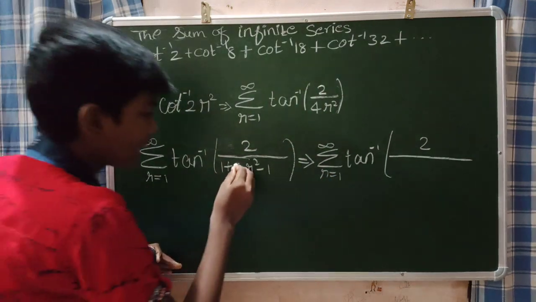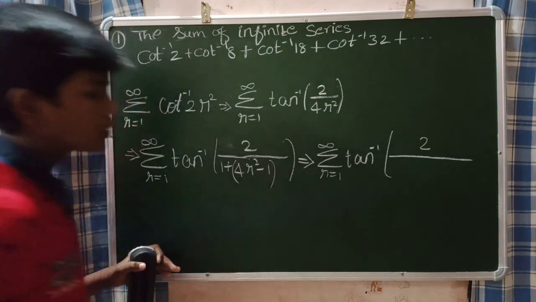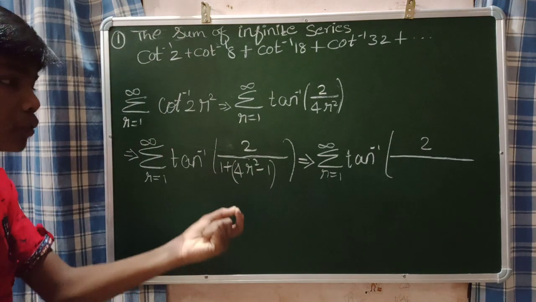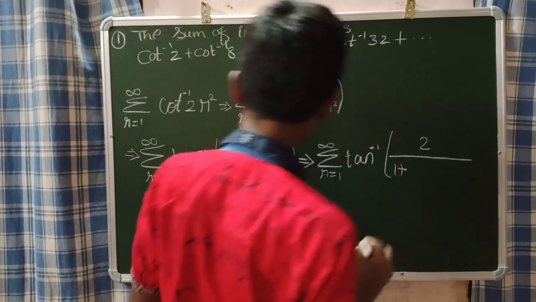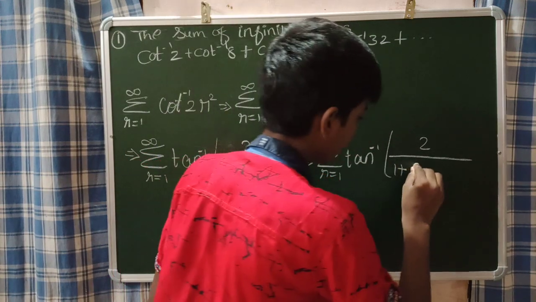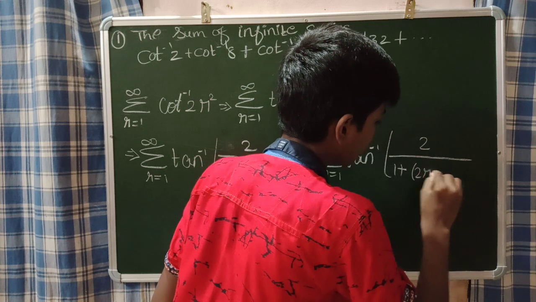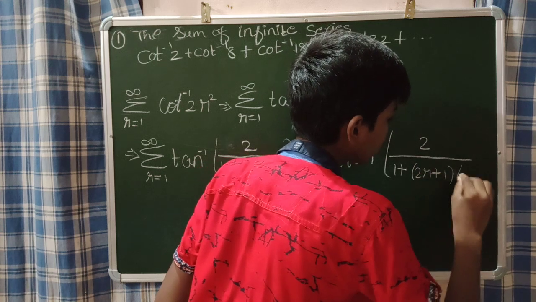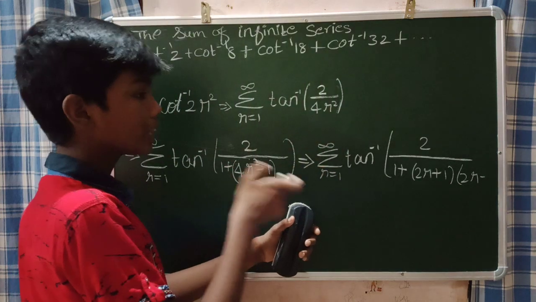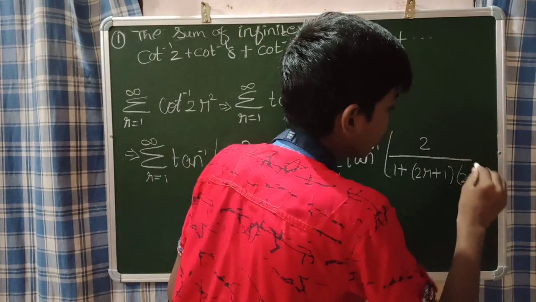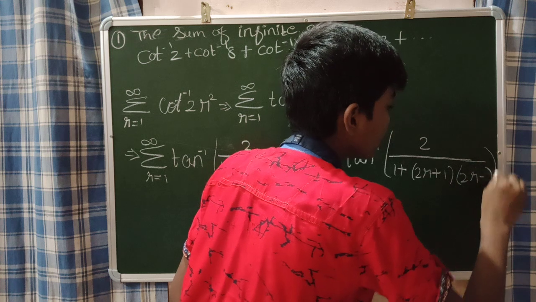Guys, see here, we have a term like 4r square minus 1, right? So what is 4r square minus 1? It is 2r plus 1 into 2r minus 1, because 4r square minus 1 is 2r plus 1 into 2r minus 1. So that's what I am writing.